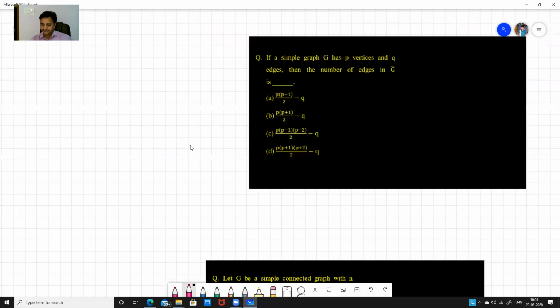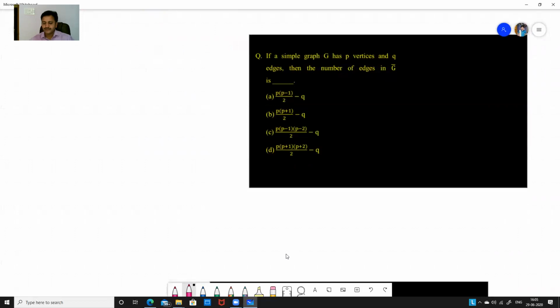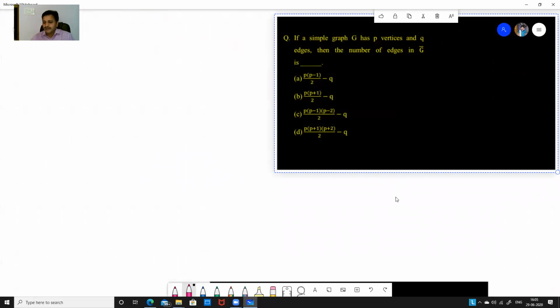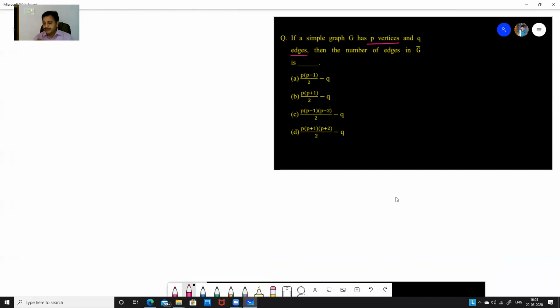Next question. If a simple graph G has p vertices, there are p number of vertices and q number of edges, right? Then the number of edges in G bar.